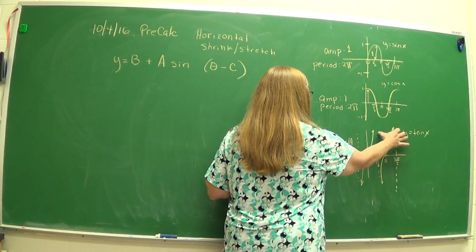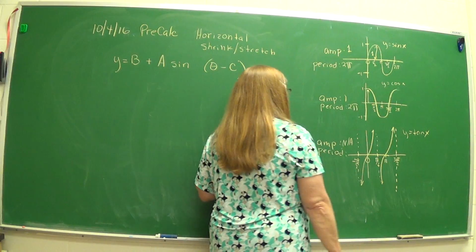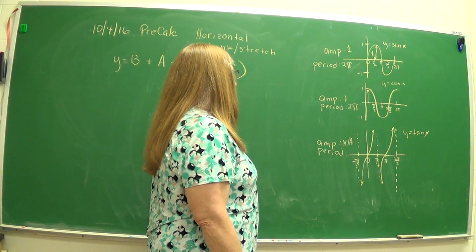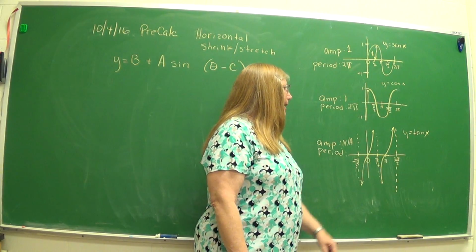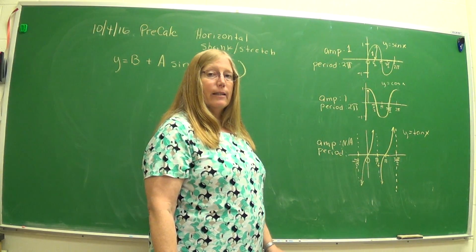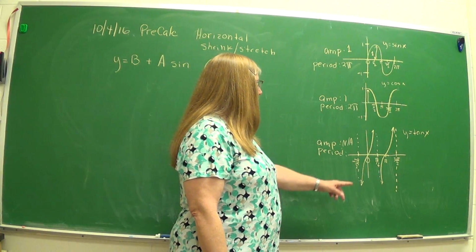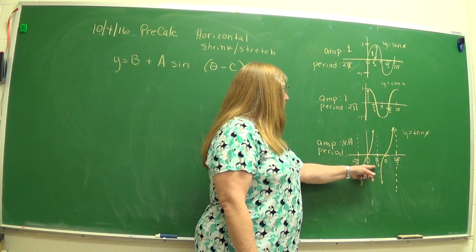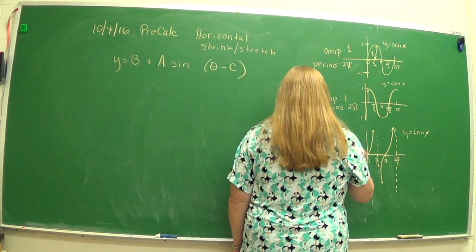Between these two asymptotes, how far is it from pi over 2 to 3 pi over 2? When you look at it that way, can you not subtract 1 pi over 2 from 3 pi over 2 and get 2 pi over 2? So this is like 3 halves minus 1 half is 2 halves pi, which is pi.